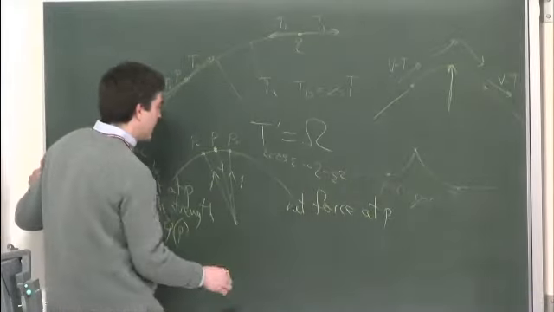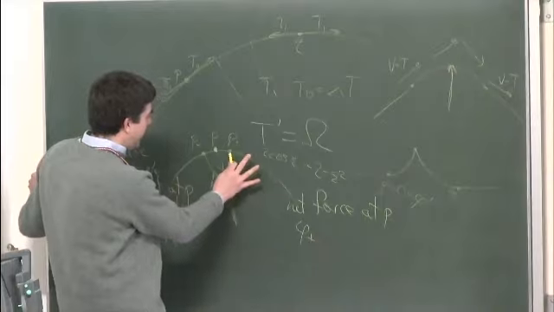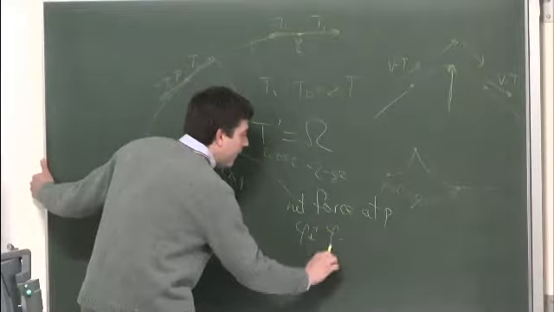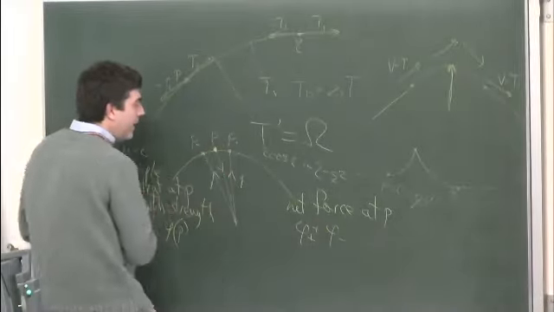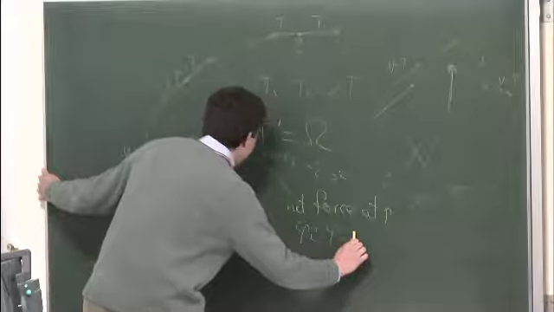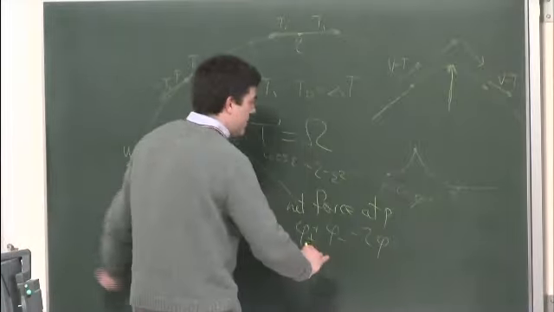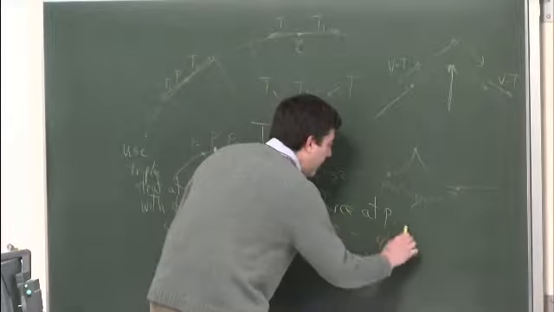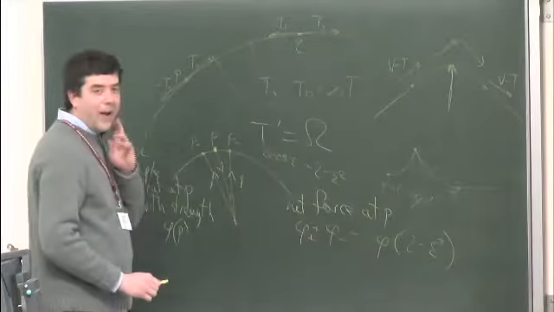And so then the net force at P is phi plus phi minus from these other triple struts that push at P, minus phi times 2 minus epsilon squared.